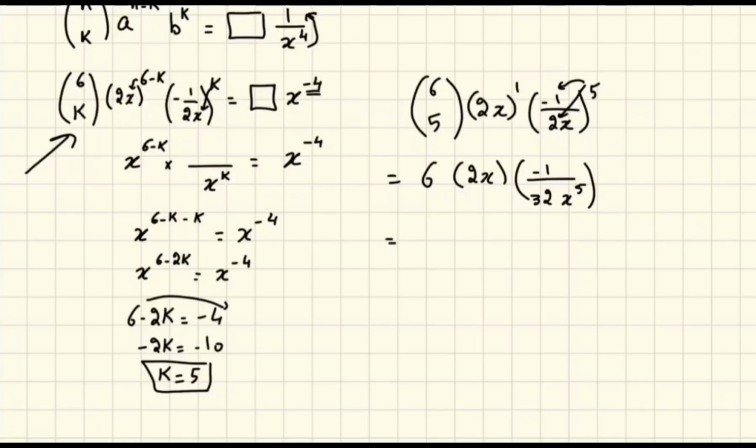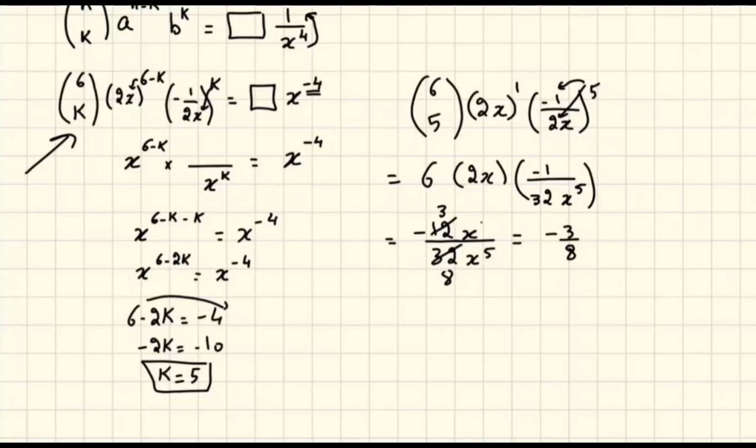Now let's simplify the numbers together. 6 times 2 times negative 1 will be minus 12 over 32. Here we have x, and next to the 32 we have x exponent 5. Let's simplify our answer. So minus 12 divided by 32 is going to be minus 3 over 8. You can check, divide by 4 by 4. This becomes 3, this becomes 8. So we get minus 3 over 8.